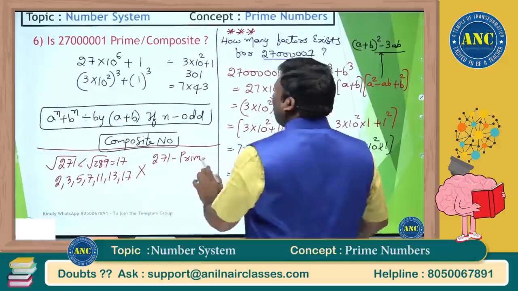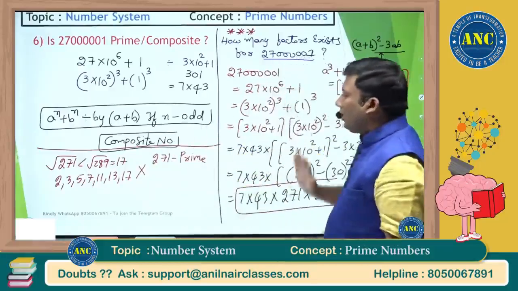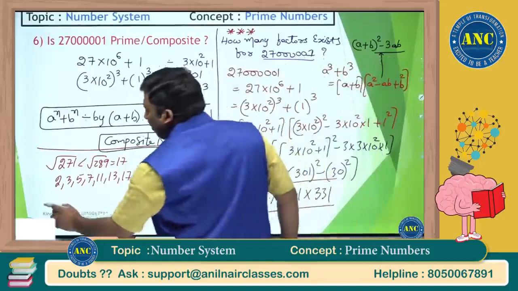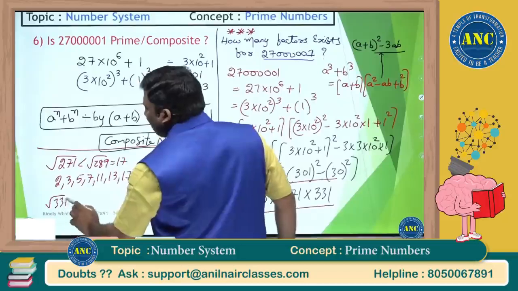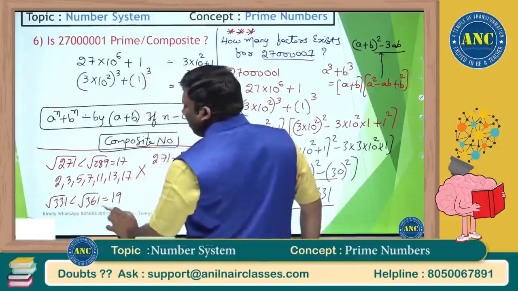That's exactly the question: how the previous concept can help us solve a CAT question. 271 is a prime number. Similarly for 331, root of 331 is less than root 361, which is 19.